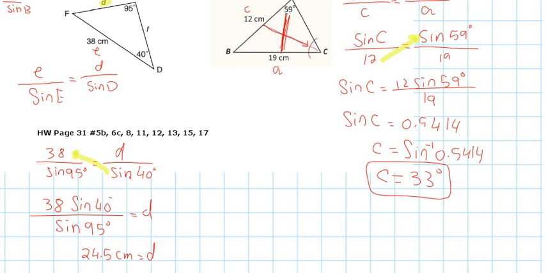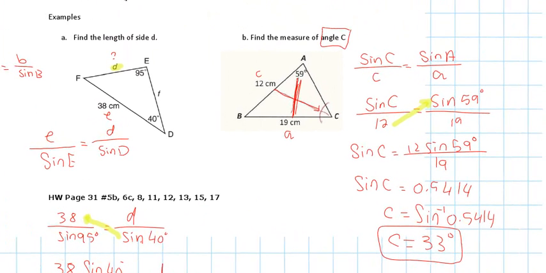Question for you guys. Let's take back the first question that we did. And let's say they asked me to solve for side F instead of solving for side D. First you would have to find angle F. And how can I find angle F? 180 minus 95. Yep.